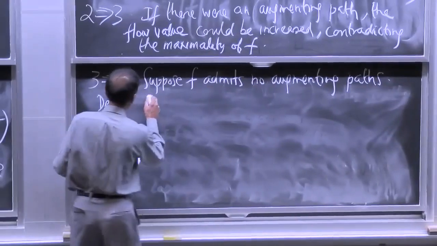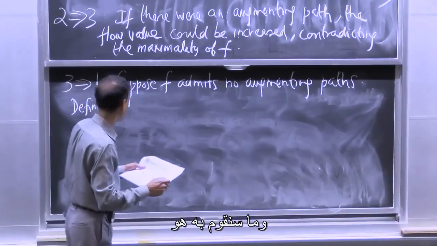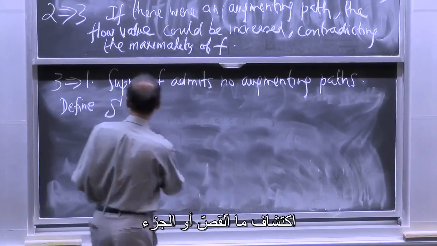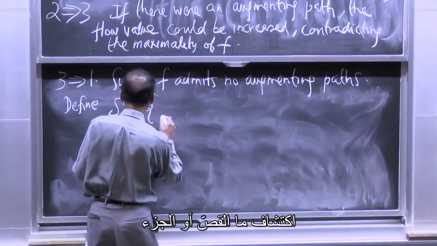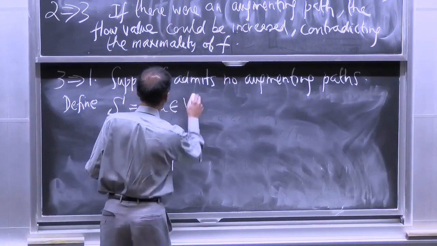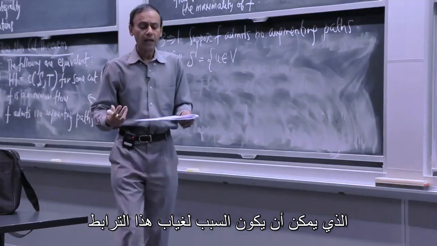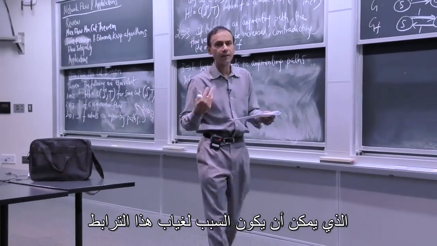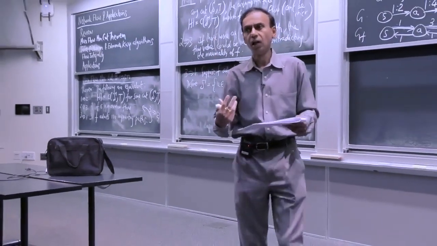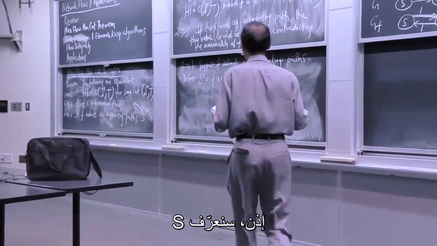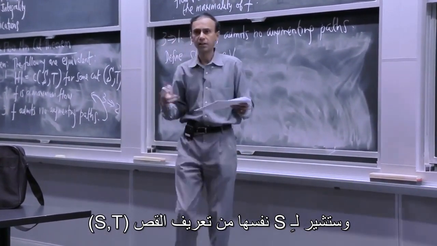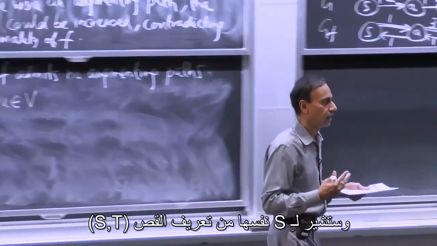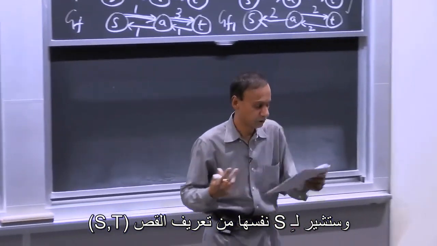What we're going to do is figure out what the cut or the partition is that could be the reason why you have this lack of connectivity. So we're going to define cap S, which is exactly going to be our cap S from our favorite S,T cut definition.